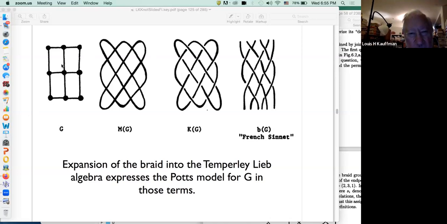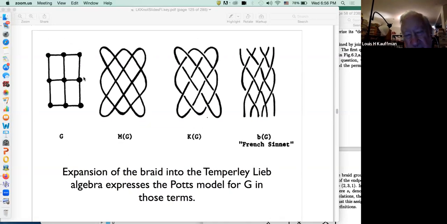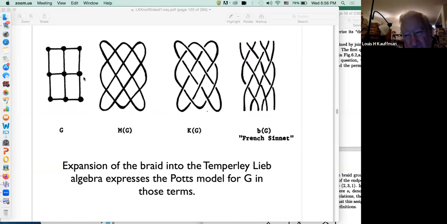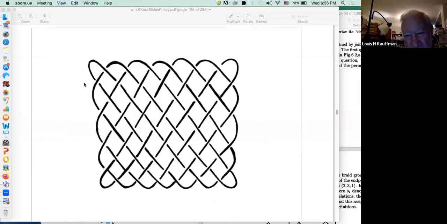Temperley and Lieb wrote down matrices that described their model over in their graph theory, and they discovered that their matrices satisfied the relations in the Temperley-Lieb algebra. Here it happens naturally. The two are directly related to one another, and you can map one to another. So this is the fundamental relationship between the bracket and statistical mechanics, a kind of touchstone that leads us to lots of questions to this day as things happen to the bracket or things happen to the statistical mechanics.